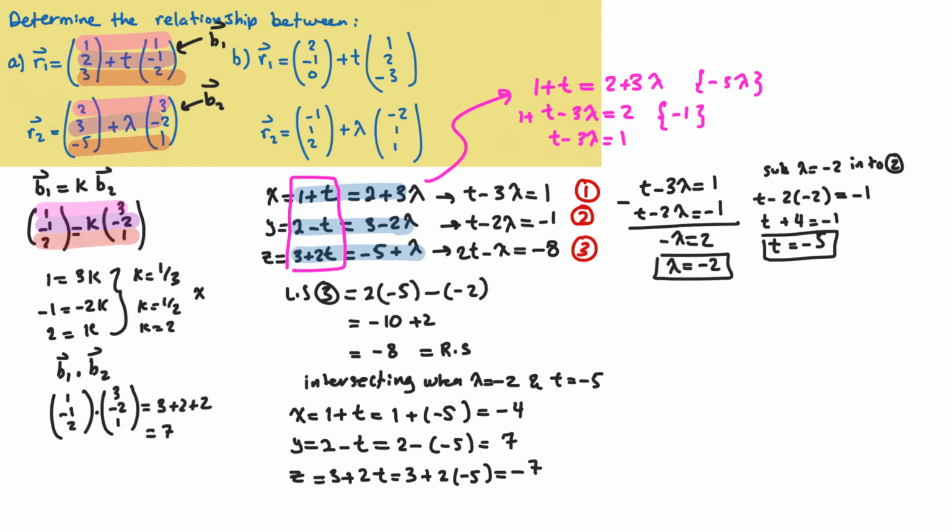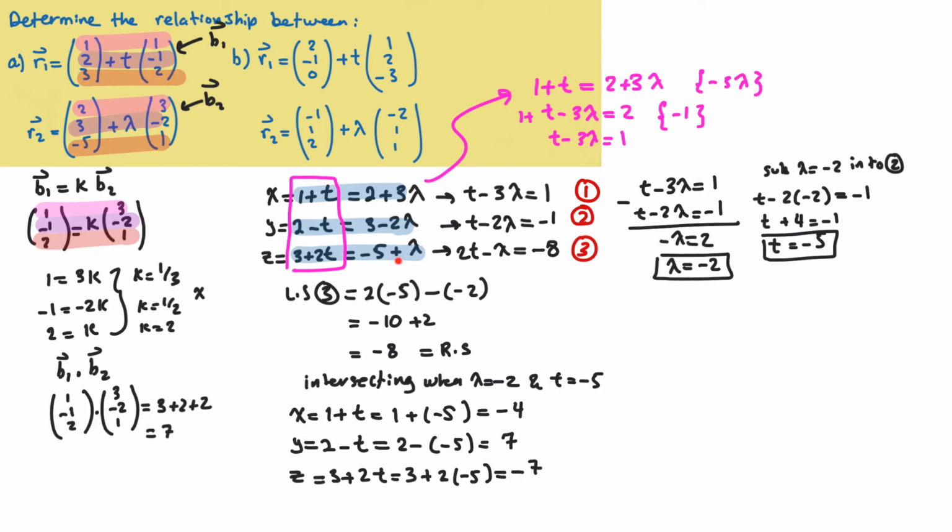And once again, I want to emphasize that if you did put in a lambda value of negative 2 here, you would get the exact same thing. 2 plus 3 times negative 2, that's 2 minus 6, which is negative 4. 3 minus 2 times negative 2 is negative 4, so that's 3 plus 4, which is 7.